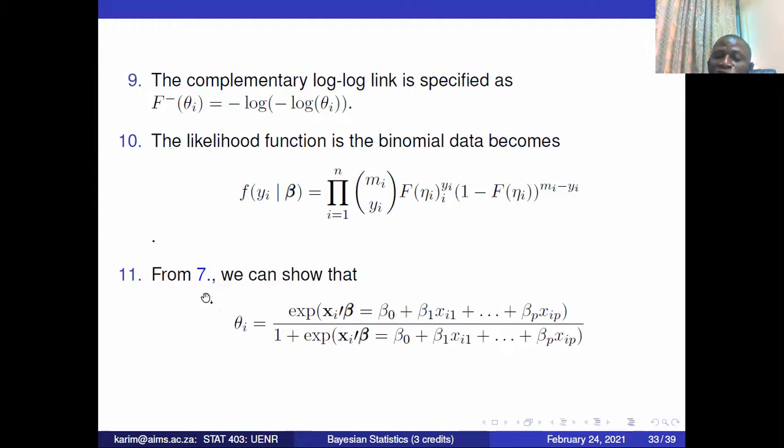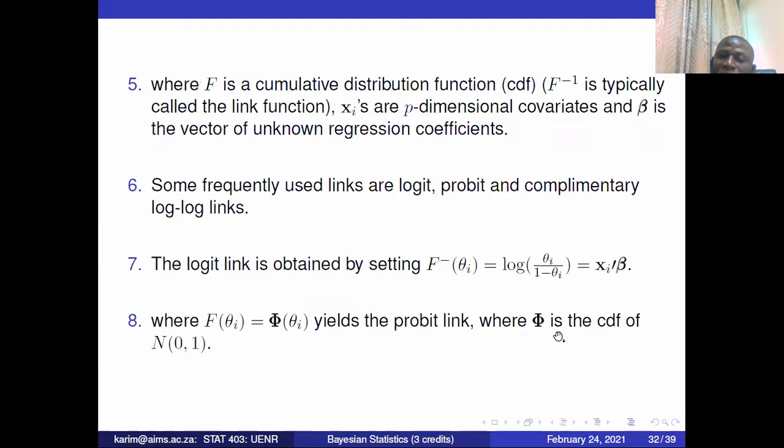Theta, that is the probability of success, is equal to the exponent of the linear combination of the parameters divided by 1 plus the exponent of the linear combination of the parameters. Go back to number 7. When you come to number 7, look at it here. The log of this is equal to what we have here.